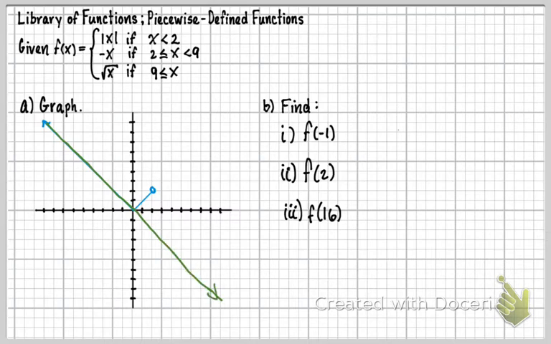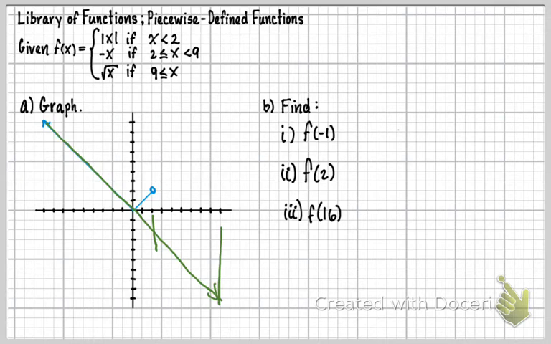But again, keep in mind here, that's only when x is between 2 and 9. So if you think about where 2 is at, 2 is here, and 9 is here. So it's going to be only until I'm there.